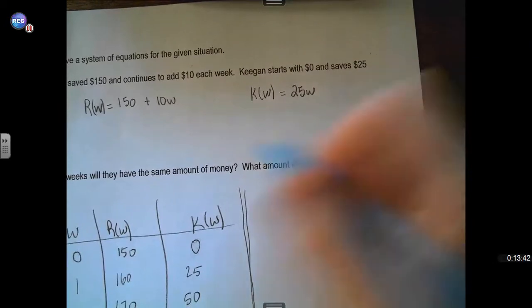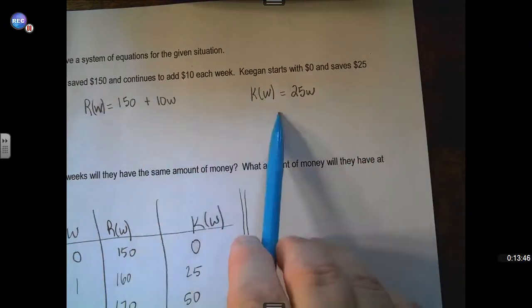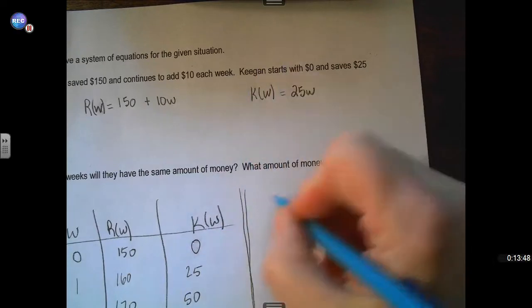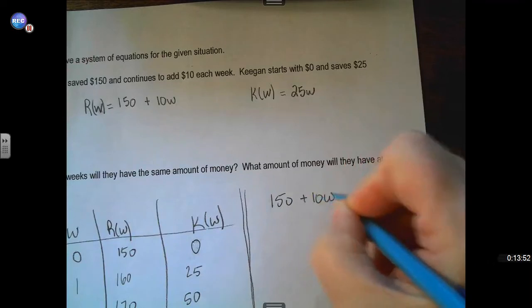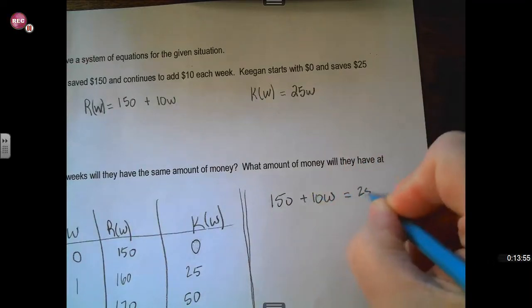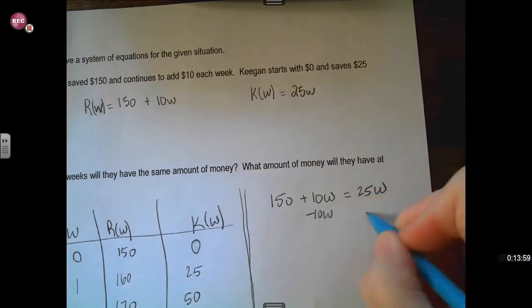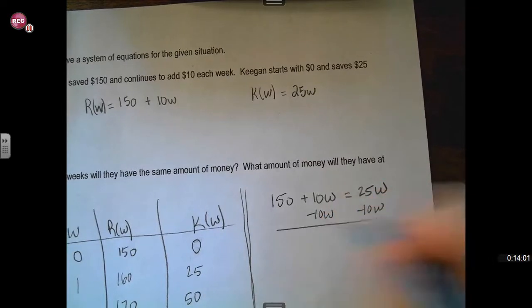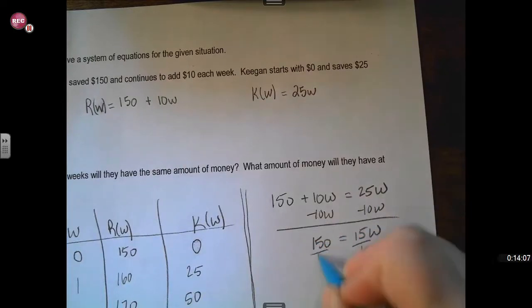Basically we want to know when they will have the same amount of money, so we want to set these two things equal to each other. And this is called the substitution method. So 150 plus 10W equals 25W, and then we would subtract 10W from both sides and get 150 equals 15W, and then divide both sides by 15, and W is 10.